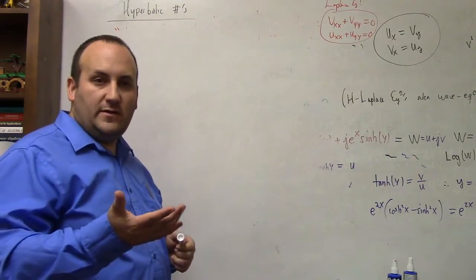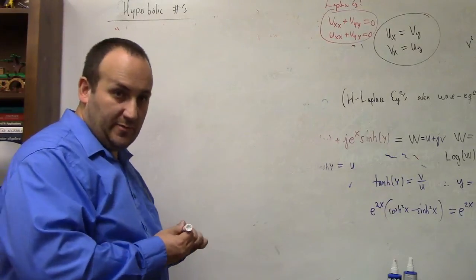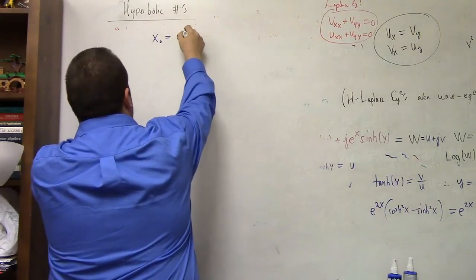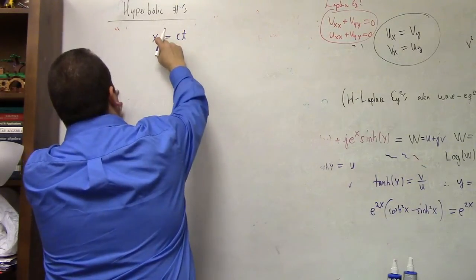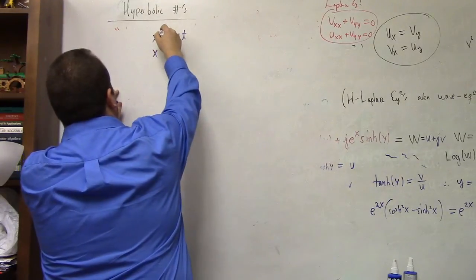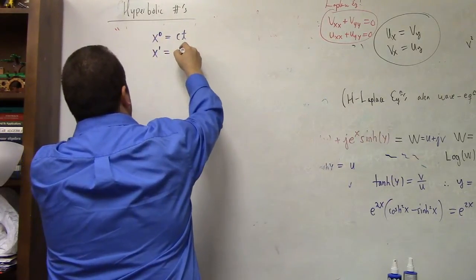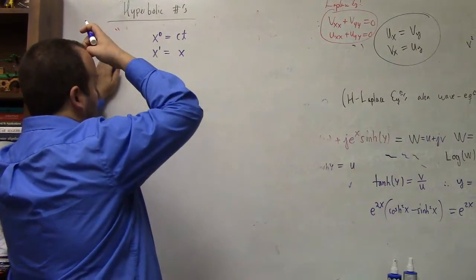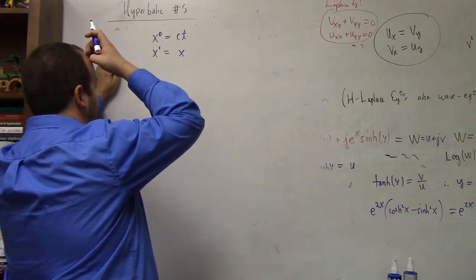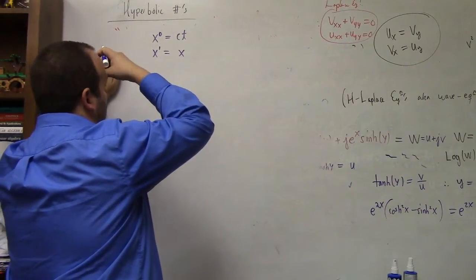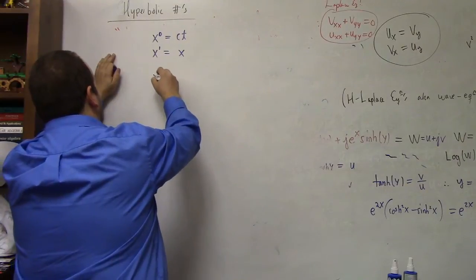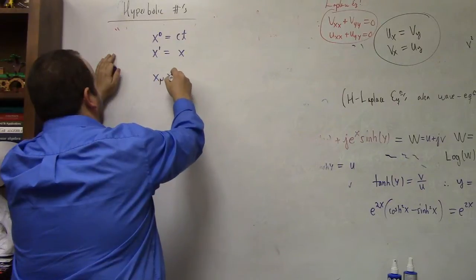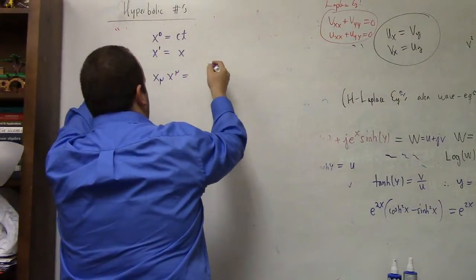You know space-time, maybe you do, maybe you don't. In space-time, we have x naught equal to ct, and usually x1, x2, x3, where x upper 1 is x. Then you have x sub mu, x upper mu, depending on the conventions.